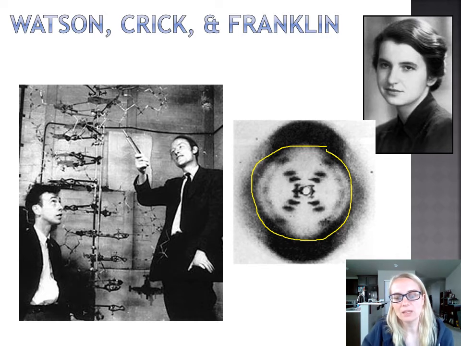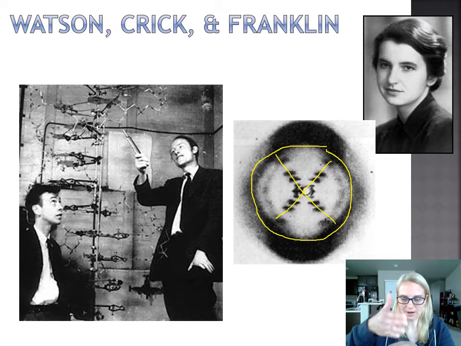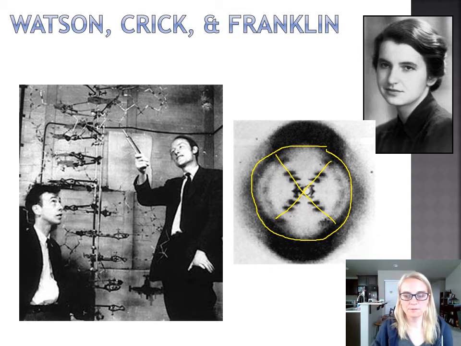So the outer edge is here, and then this X is representing the rungs of the ladder as it's going through this helix. So her picture of DNA in this particular way, this X-ray picture, allowed Watson and Crick to get the measurements they needed to finalize their idea of the structure of DNA.